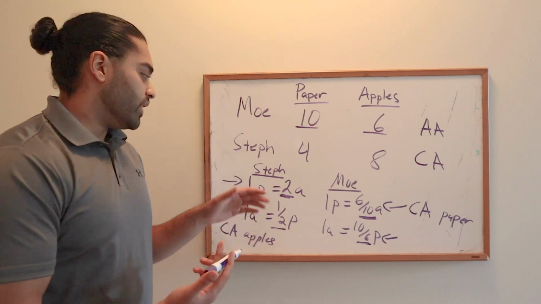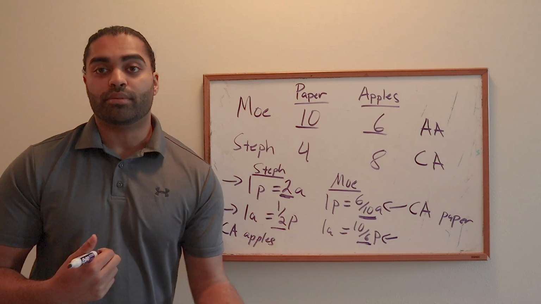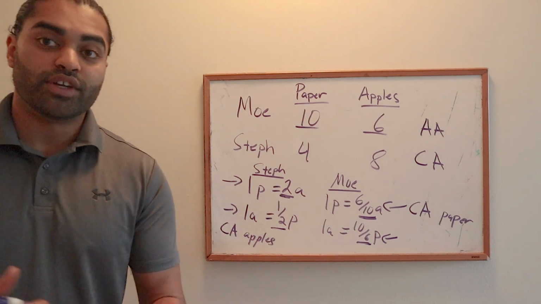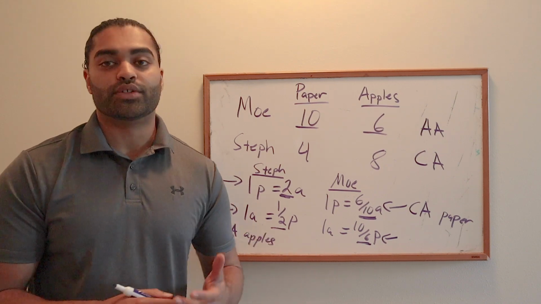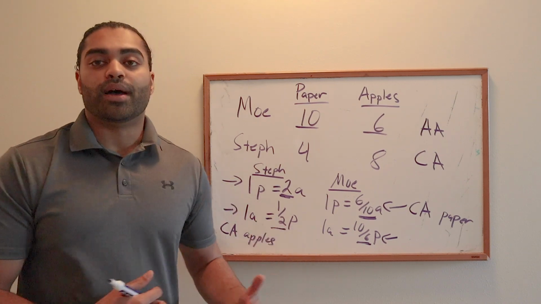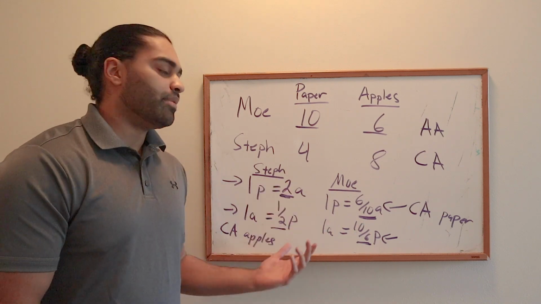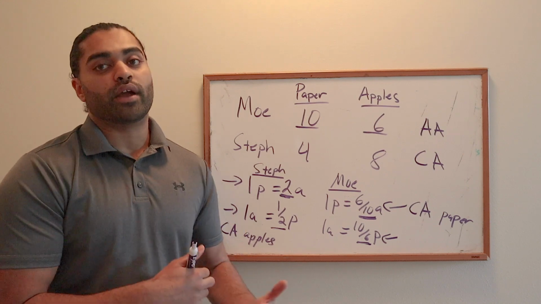Let's just say we're Steph. I produce apples and I'm going to trade for paper because Mo is really good at making it. Basically, you want to use all of your resources efficiently, and this is how you reach efficiency. You're producing your product at the most efficient rate, you give up the least amount of the other product, and you're trading. You fill that void of not being able to produce that product. So this is how we look at trade and comparative advantage.